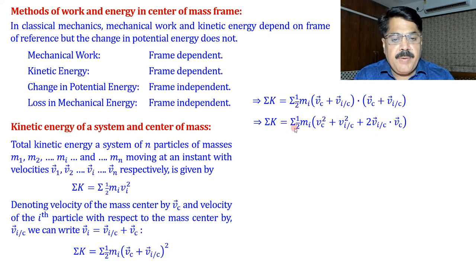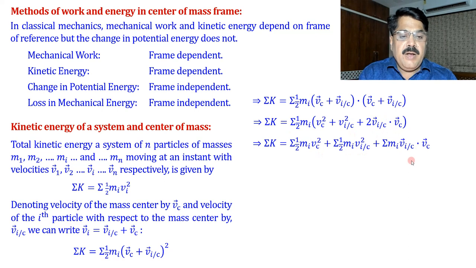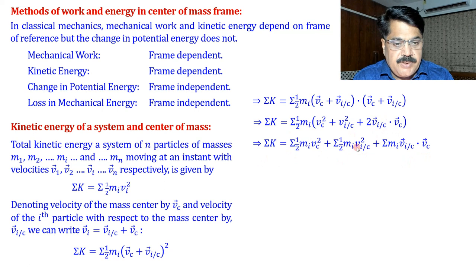Now we can multiply the term mi to all the terms. So what we get? Summation K is equal to summation half mi vc square plus summation half mi vi with respect to c square plus, this 2 and half cancel, so what you get, summation mi vi with respect to c dot vc. Now let us just concentrate on these three terms.